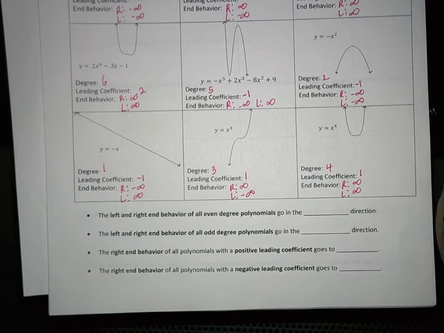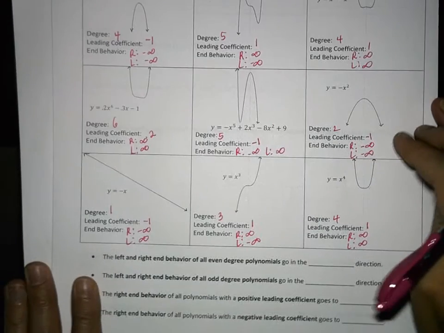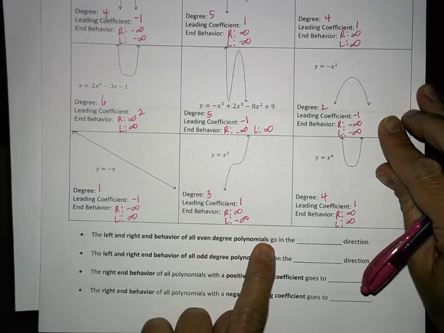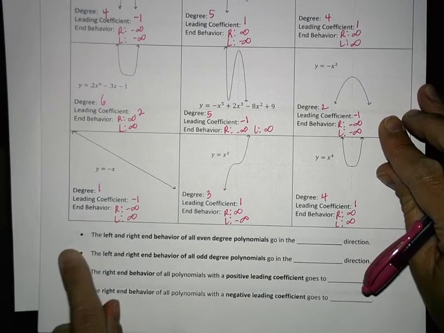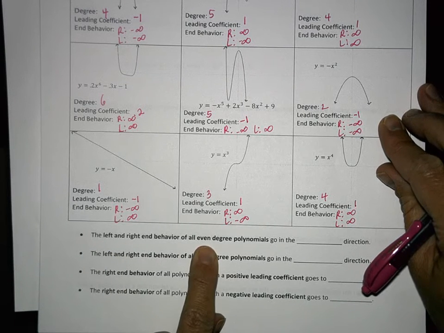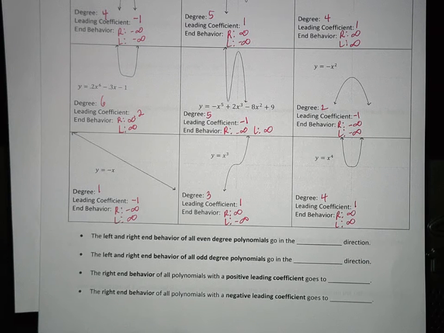Okay, so the first thing I want you to think about is, it says the left and right end behavior of all even degree polynomials. So it's leading you to think, go and look for all the even degrees. What do you notice about their end behaviors? Good.